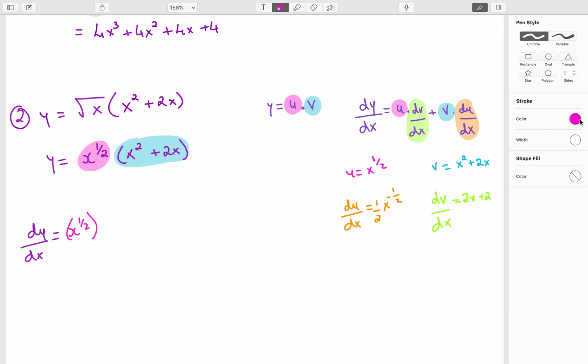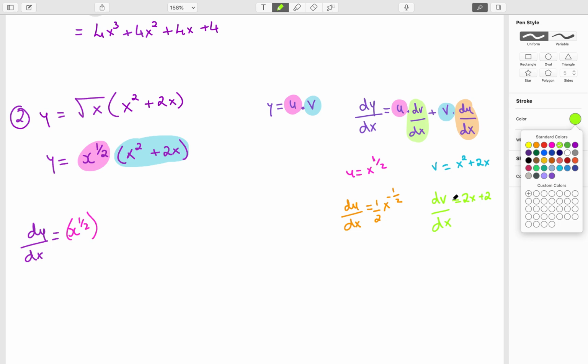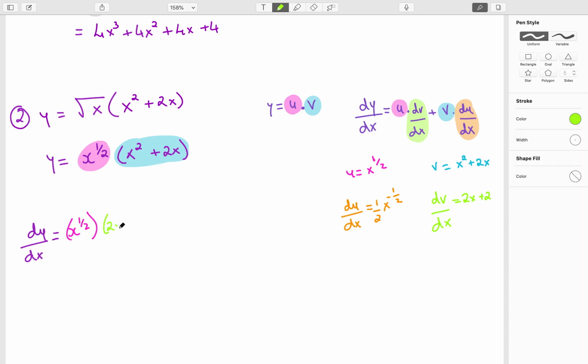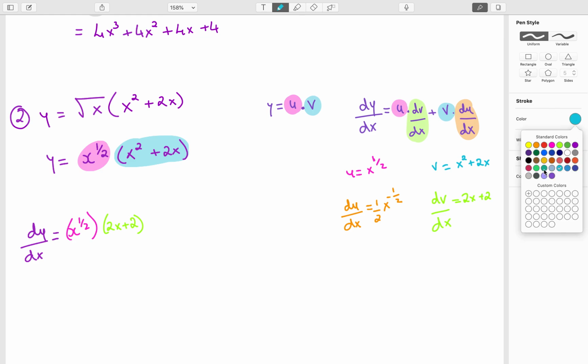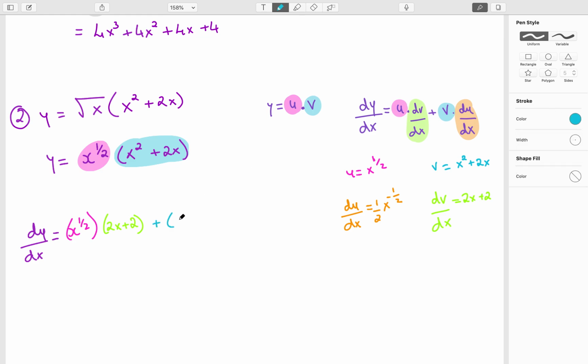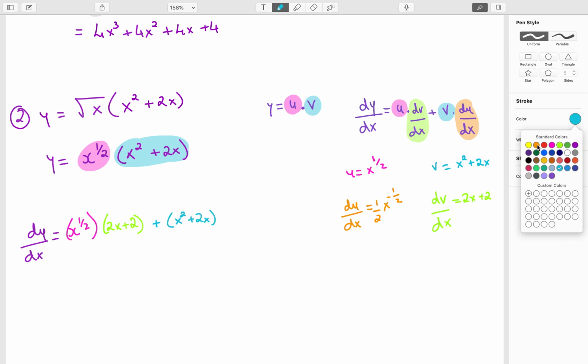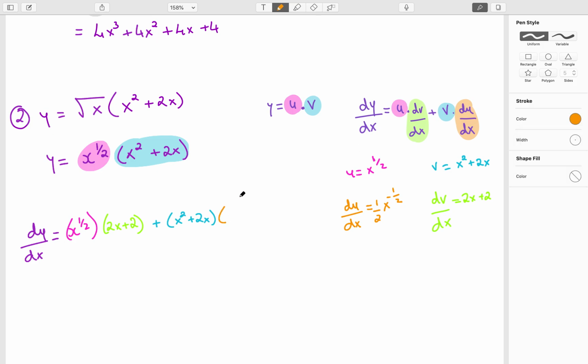Our dv dx, which is in green, and we said dv dx was 2x plus 2, plus v, so I'm going to add v, which is x squared plus 2x, times du dx, and du dx is going to be a half x to the minus a half. All right, and then we multiply this out.